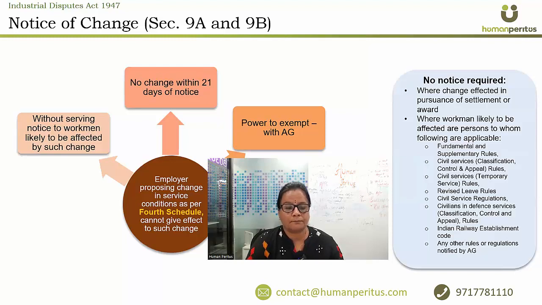Okay, for example, in case of national emergency or natural disaster. So these rules are made flexible and the appropriate government can give exemption to employers in such cases from the notice rule. Okay. That's it from my side.